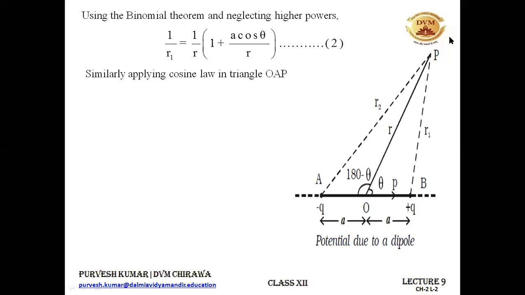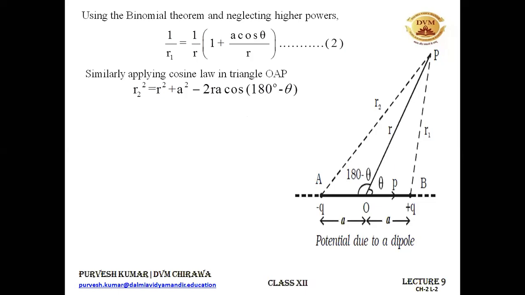So applying the cosine law in triangle OAP, I can write like this: R2 square is equal to R square plus A square minus 2RA cos 180 degree minus theta, because the angle is now 180 degree minus theta, and cos 180 minus theta is equal to minus cos theta.